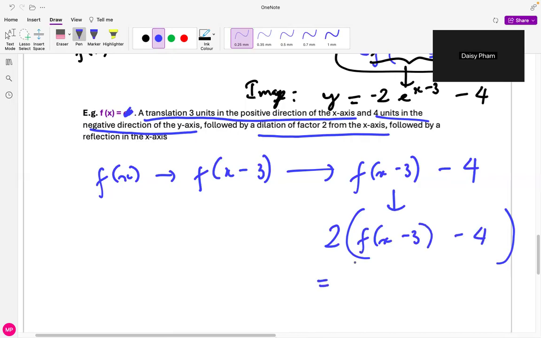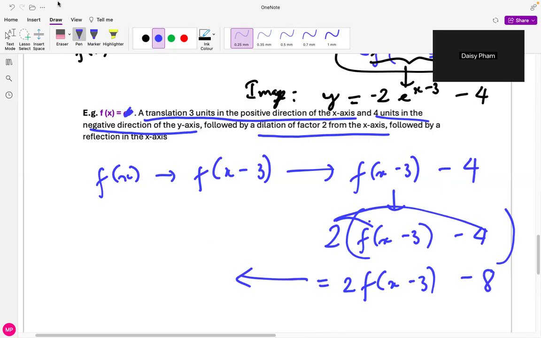Before you move on, you might need to simplify first. So expand the maths. Okay, 2 times f and then 2 times 4. So 2 f of x minus 3 minus 8. And then what do we have next? The last one is followed by a reflection in the x-axis. So a reflection in the x-axis means the whole thing is negative. So think about you put the whole thing in negative.